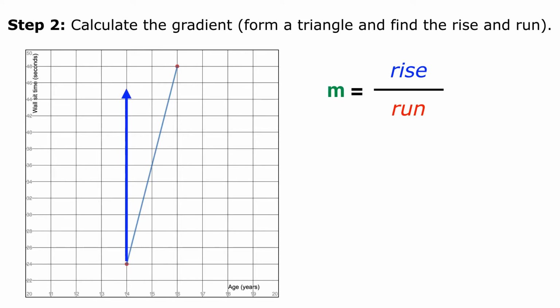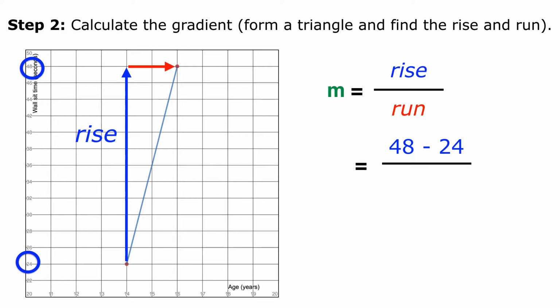So I'm going to find out what is the rise for this situation, and that's going from 24 up to a value of 48. So my wall sit time, I'm rising up by 48, take away 24. So that's the difference. Then I've got to work out the run. So how much have I run along?